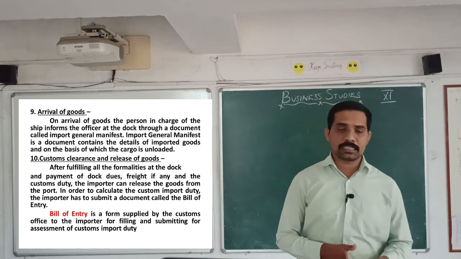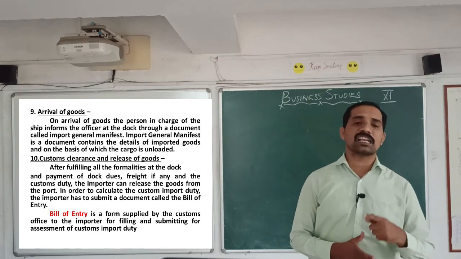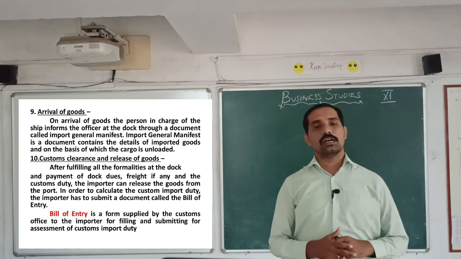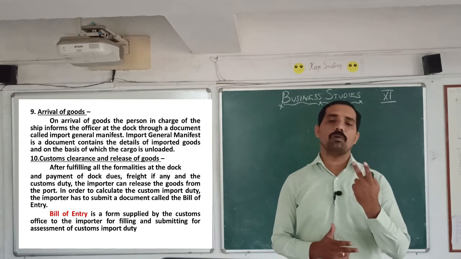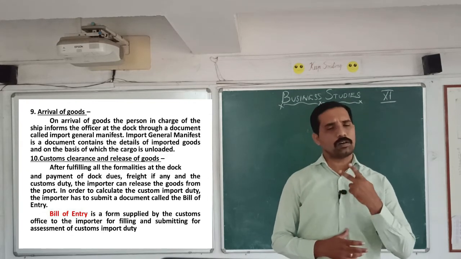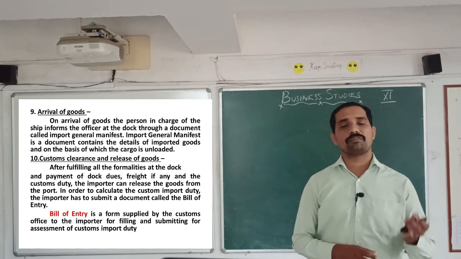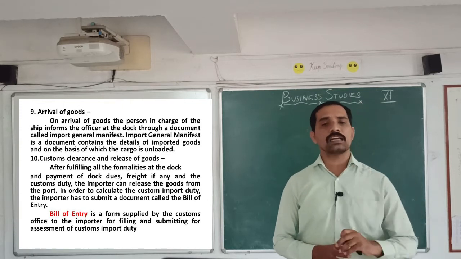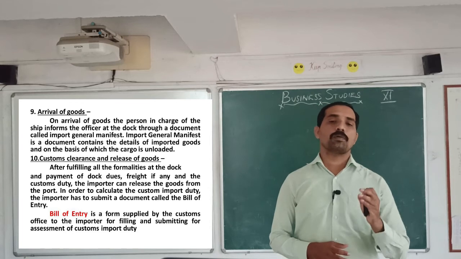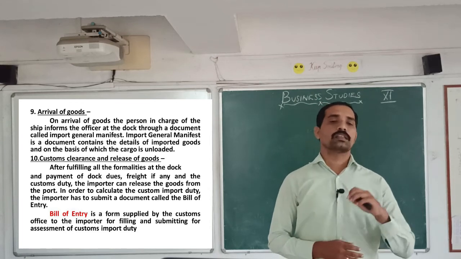And the next step is customs clearance and release of goods. After fulfilling all formalities at the dock, and payment of dock dues, freight if any, and the customs duty, the importer can release the goods from the port.